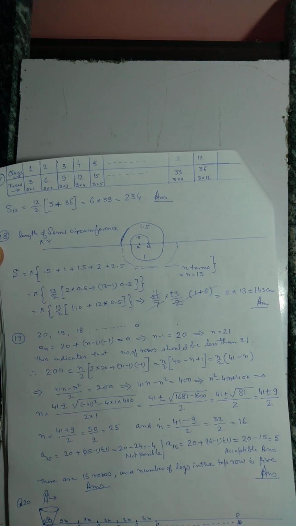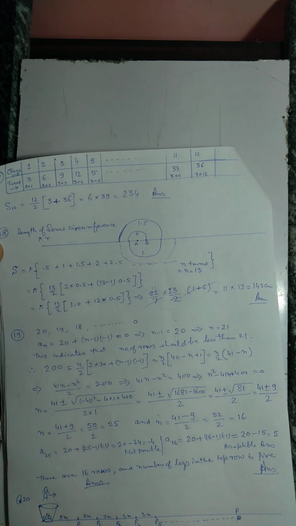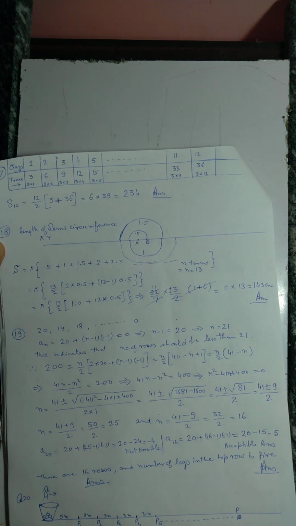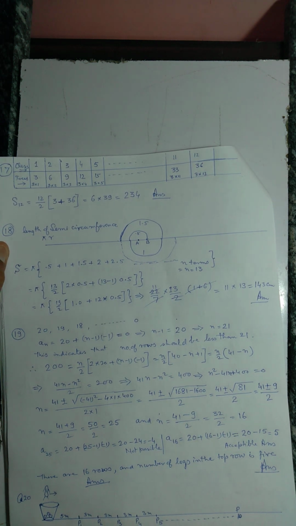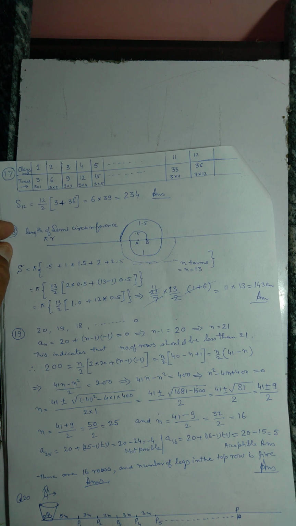Now proceed to question number 17. In a school, students thought of planting trees in and around the school to reduce air pollution. It was decided that the number of trees that each section of each class will plant will be the same as the class in which they are studying.